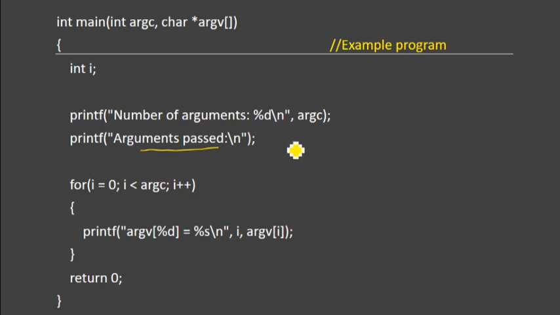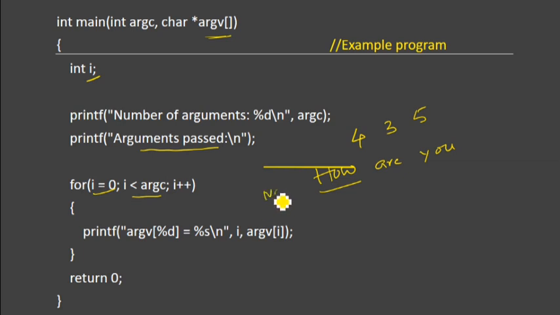Now I'm taking a for loop to access strings from the argument vector. I equal to 0, because I already declared it as an integer, and i less than argument count, so that you may pass 4, 3 or 5, any number of arguments, and i plus plus. So i equal to 0. For example, I am passing the arguments how are you. By default, the first argument is the name of the program. So first, second, third, fourth. So argc gives us a count of four.